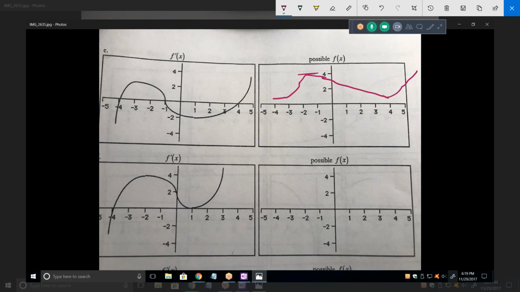Do we? Yes, right there. We also have a 0 point right there, so I have to have a horizontal tangent line there. So far, that picture fits pretty good. Concavity changes there, so I'm expecting we're going to find an inflection point around -2.